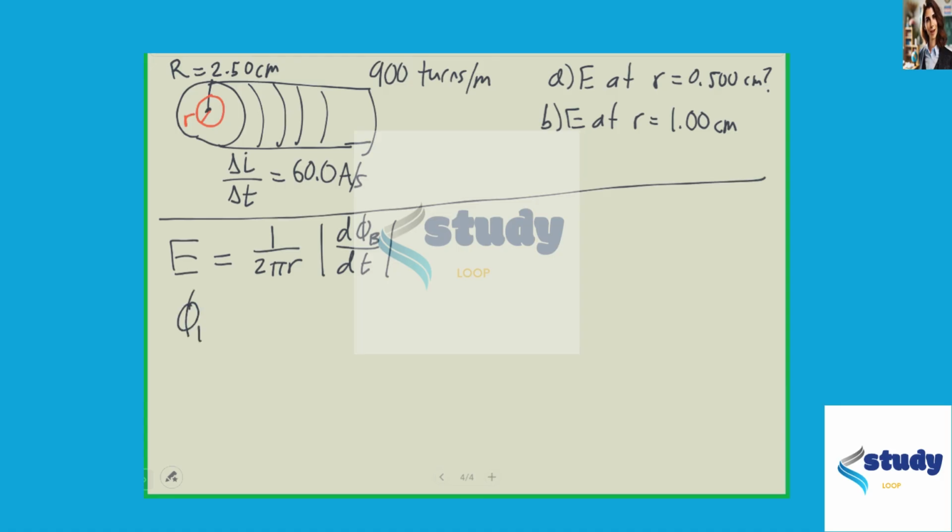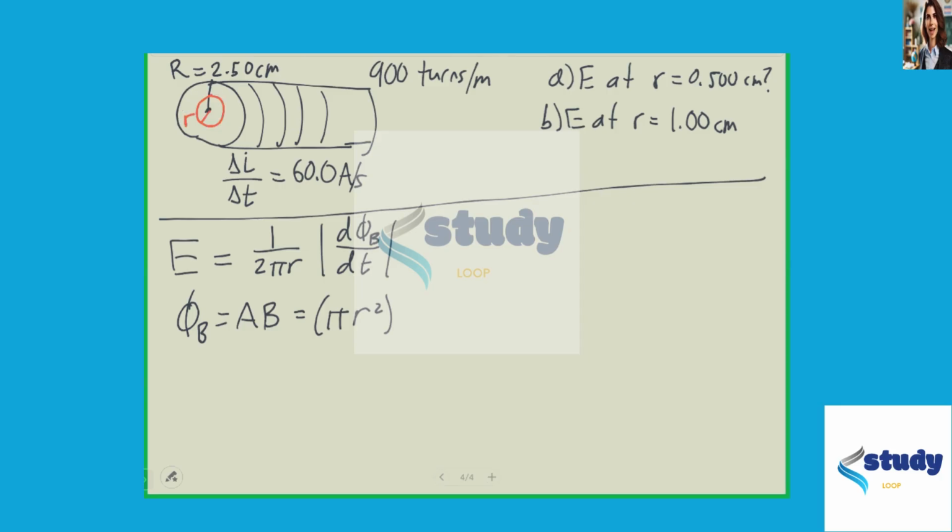So the flux phi B is the area times the magnetic field. The area is pi r squared, right? That's the area of this red circle up here.